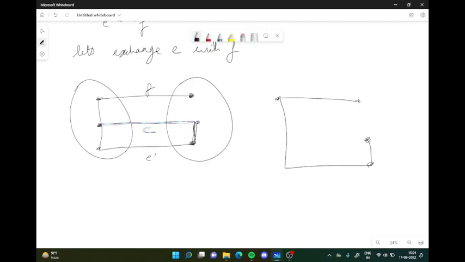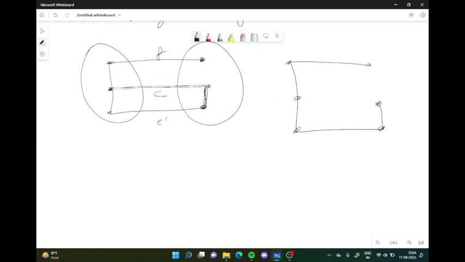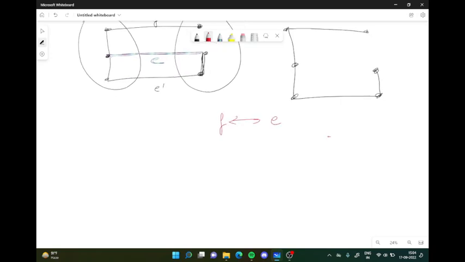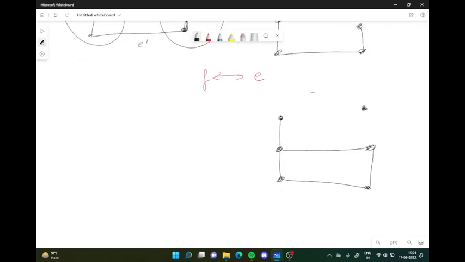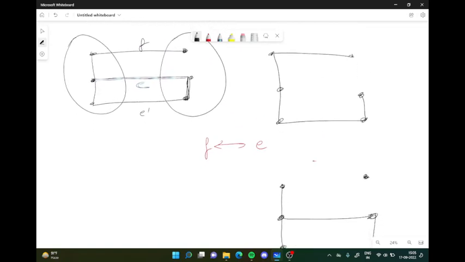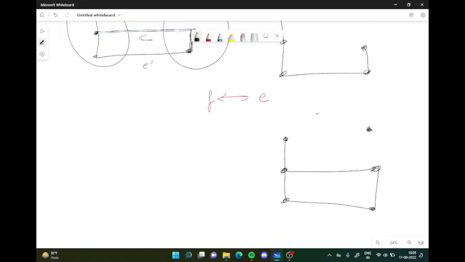Forget about the cut, but this is how it looks, and it's a spanning tree. If I were to go and exchange F with E, this is how our graph will look. This one is disconnected. So not only is it not spanning, it's not even a tree. So it is not necessarily the case that this exchange with F is going to give a spanning tree.